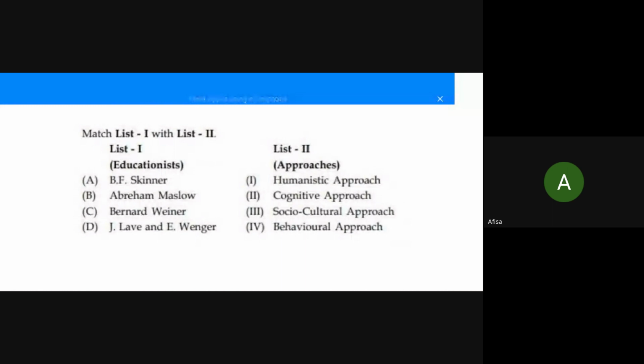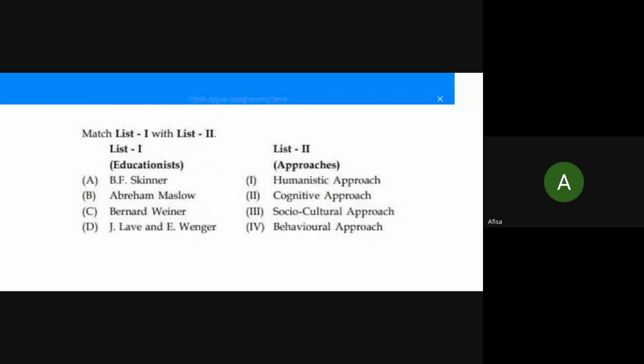And D, J. Lave and E. Wenger is associated with the socio-cultural approach. These are approaches that we will study in our education and psychology papers, but this is very important as it is given here. We have to study it by heart.